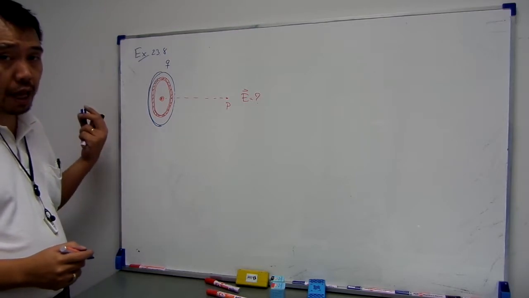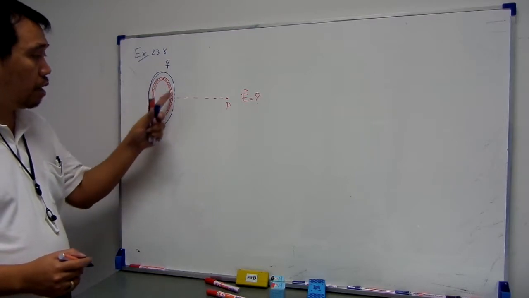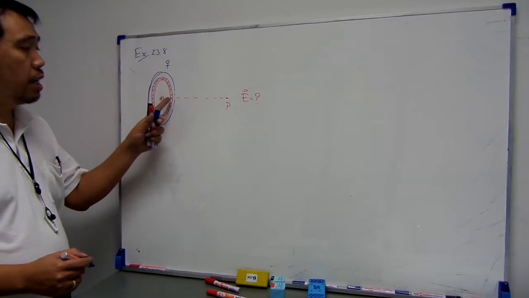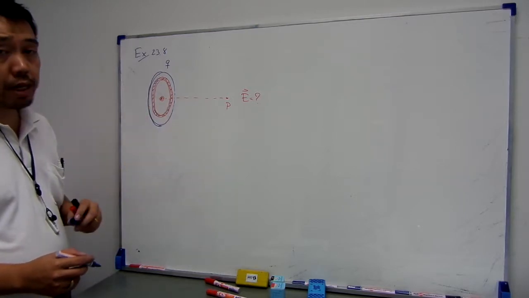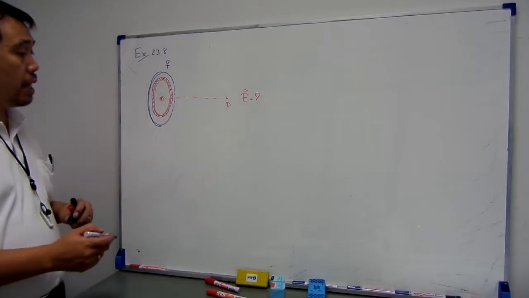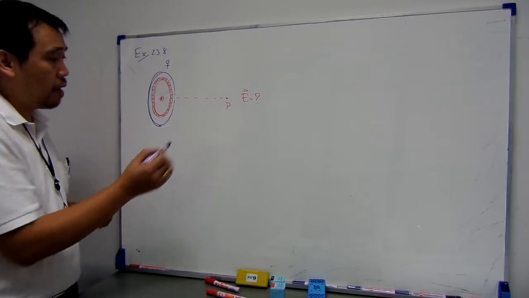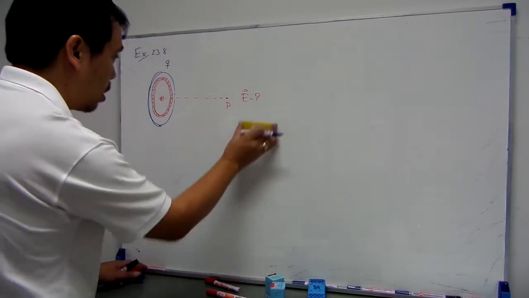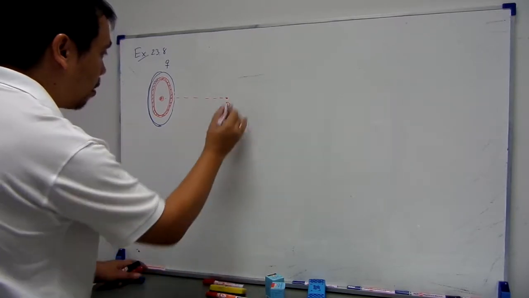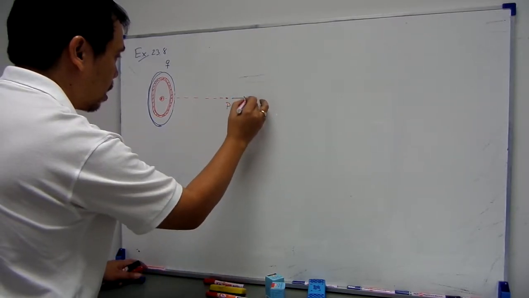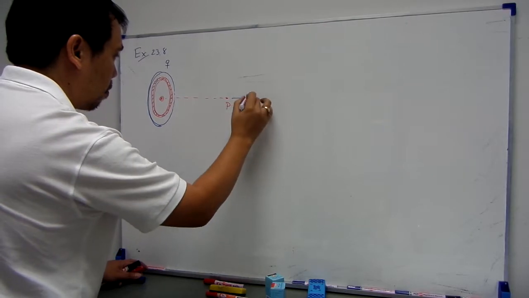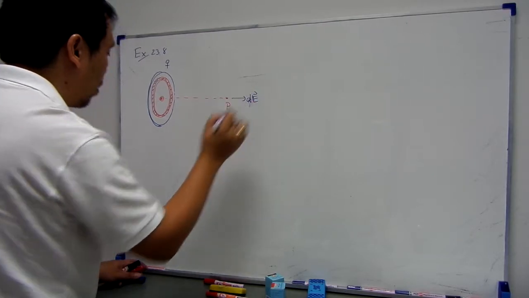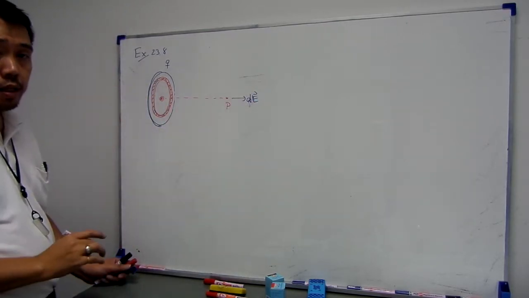It means that we can calculate the dE from each ring.